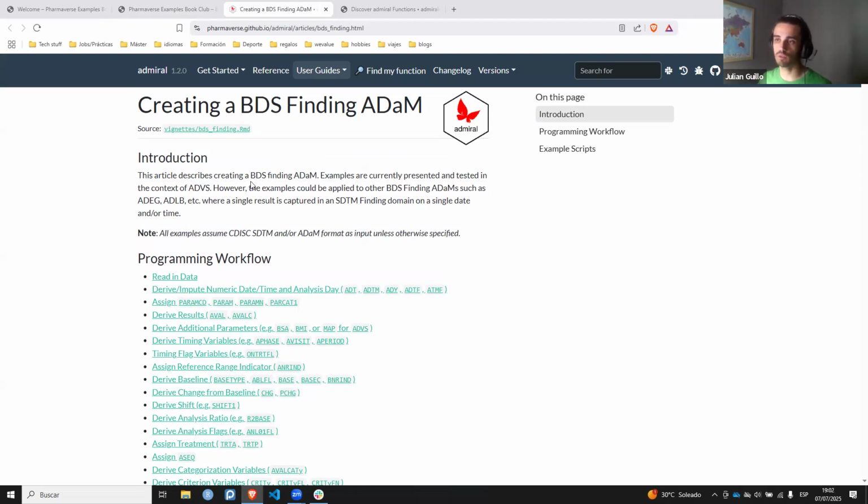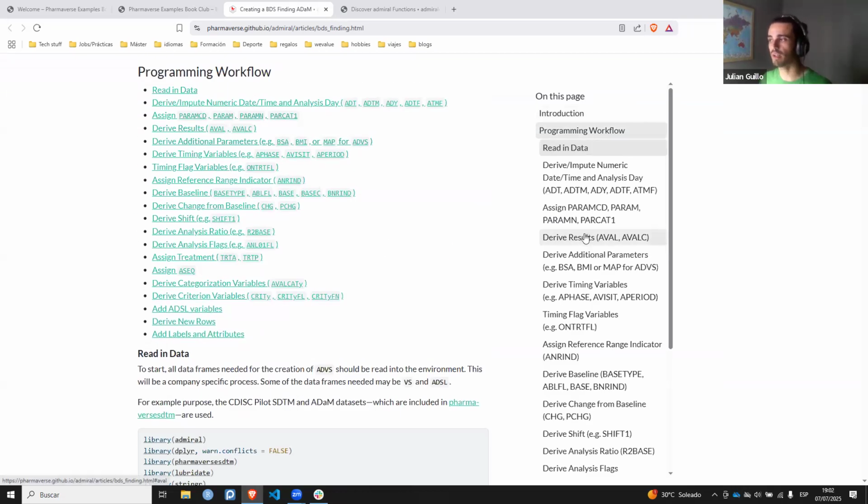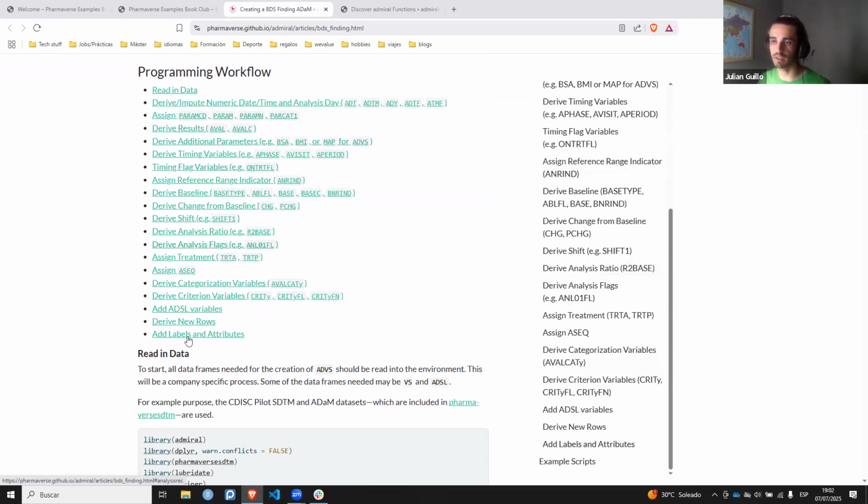I believe it's a bit redundant to go over all the pharmaverse examples, because many times you are deriving again and again, for example, the numeric date or time variables, and it would get a little tedious. So I think that with just one very large example of deriving many different kinds of variables, we're going to have enough.